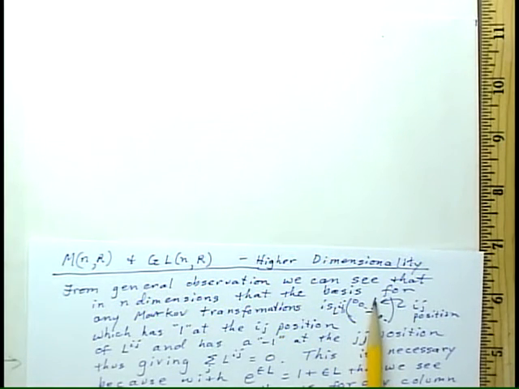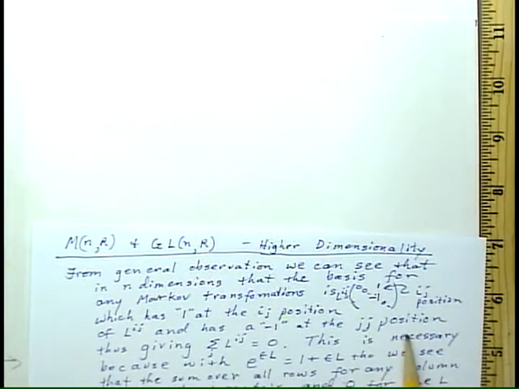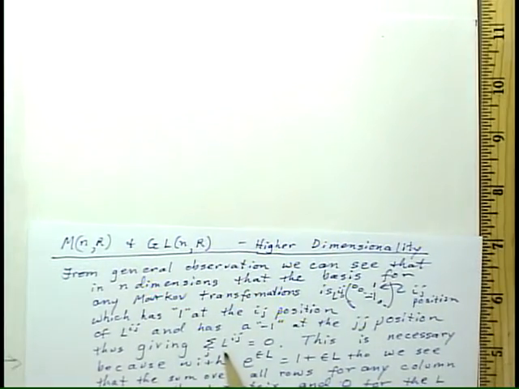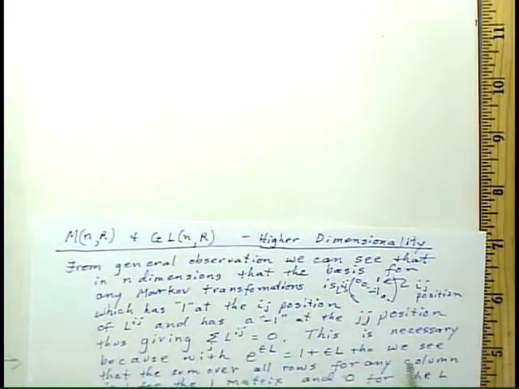So we could define a 1 in any arbitrary position, zeros everywhere else in the transformation, and a -1 on the diagonal here. And that will be the basis for this element of the Lie algebra in n dimensions.